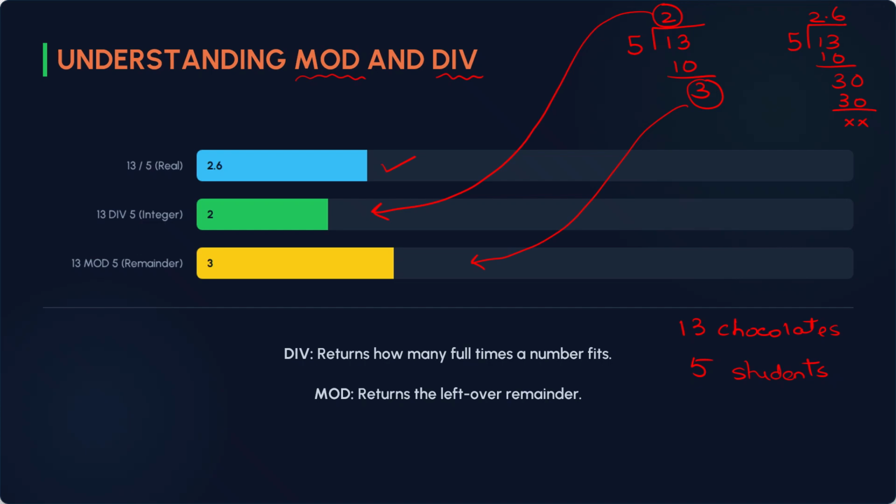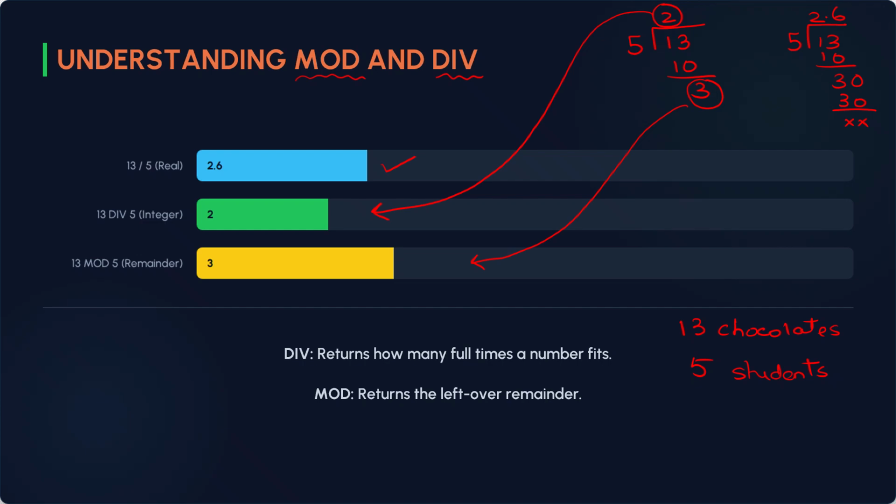And after distributing it, 3 would still be left. So what is left over will be given by the mod function, whereas what has been distributed equally among the students is given by the div operation. I hope it's understood and pretty clear by now.